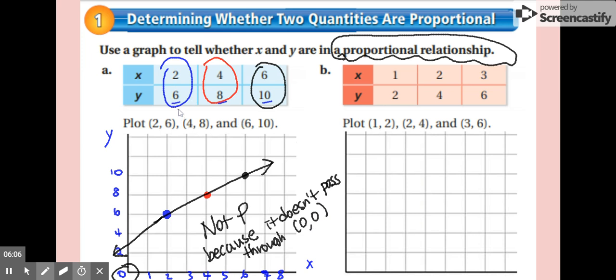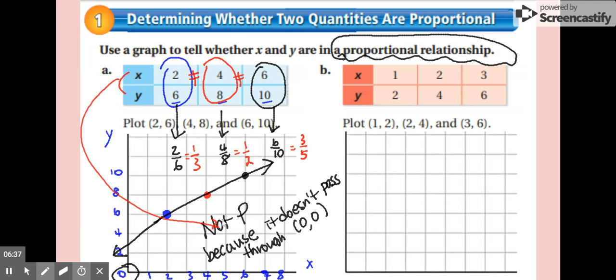And you may also find the ratios 2 over 6, 4 over 8, 6 over 10. When you simplify all three ratios, if all the fractions are equivalent, then you can say x and y are proportional. 1/3, 1/2, 3/5. They're all different. So x and y are not proportional.